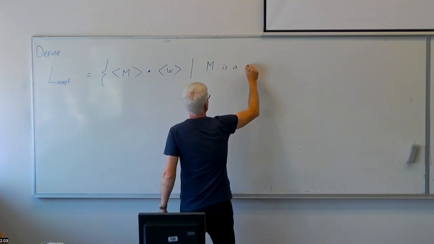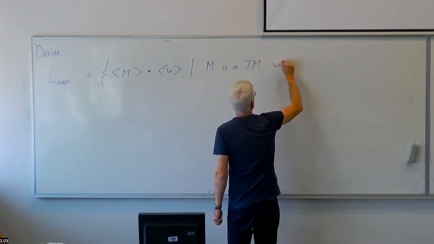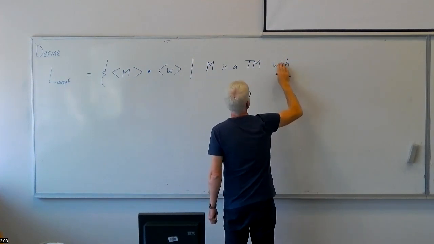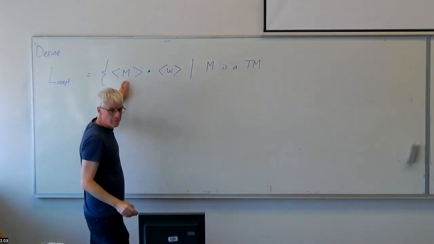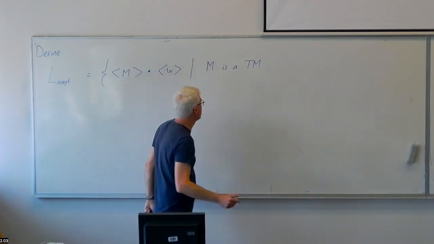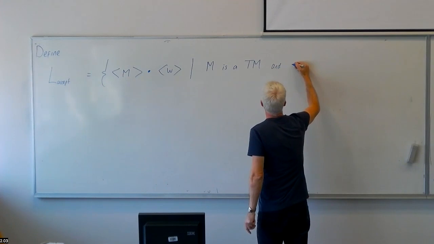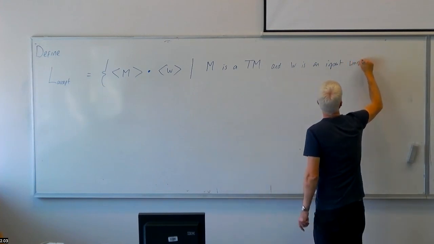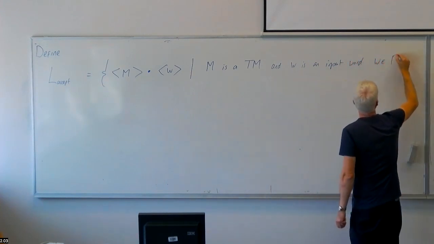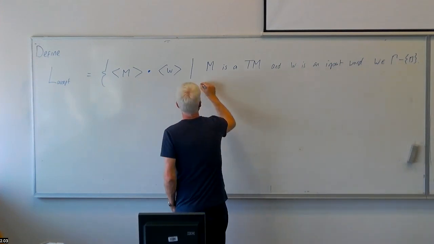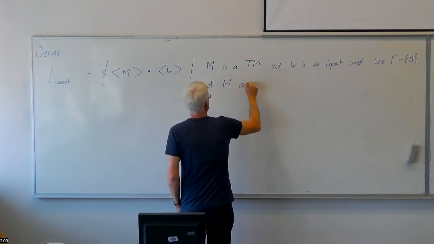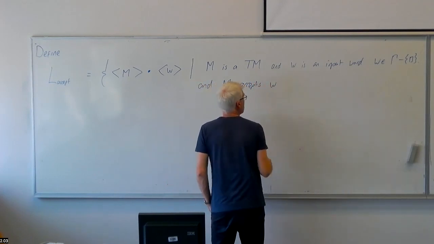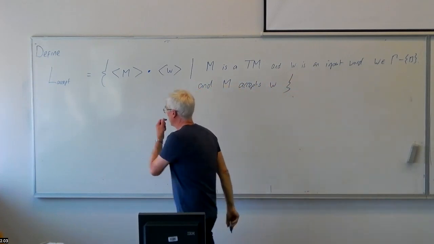N is a Turing machine, where I'm considering Turing machines as language acceptors, and W is the input word, W belongs to gamma minus box of the Turing machine, and N accepts W. Okay.